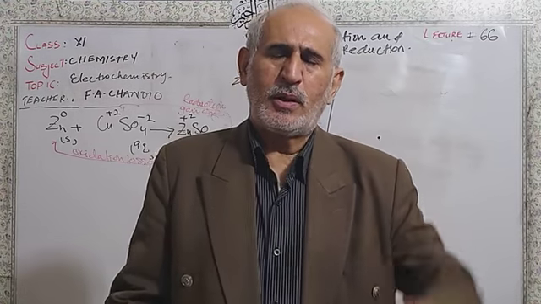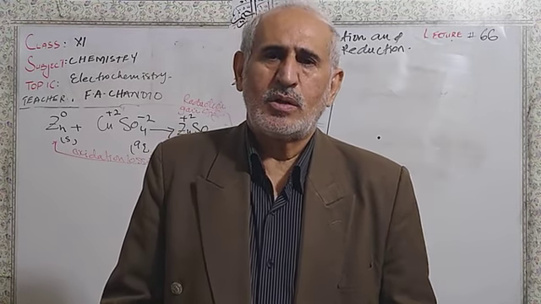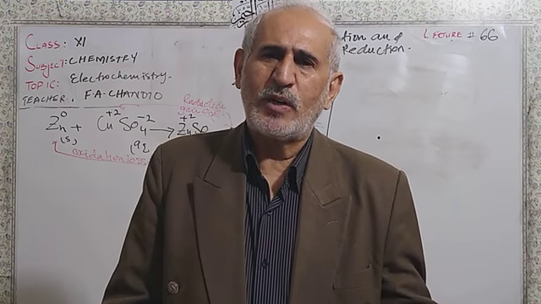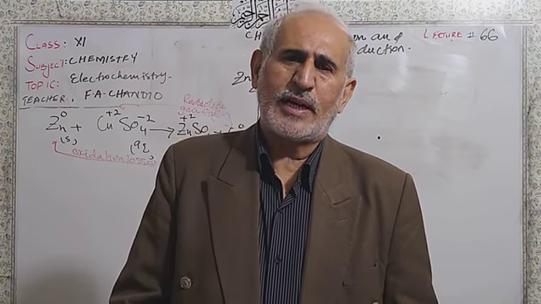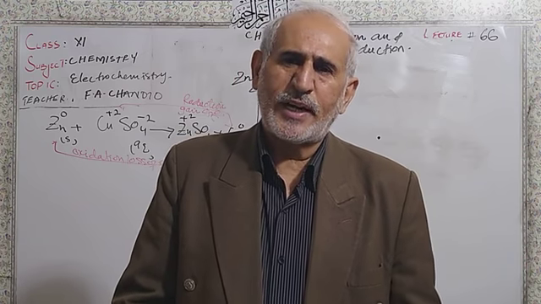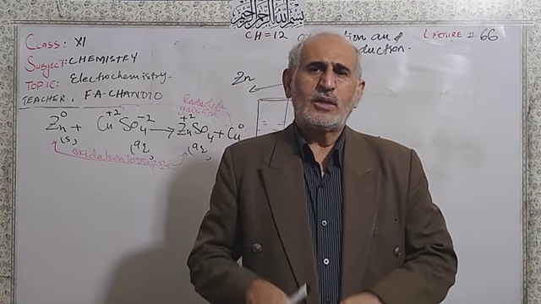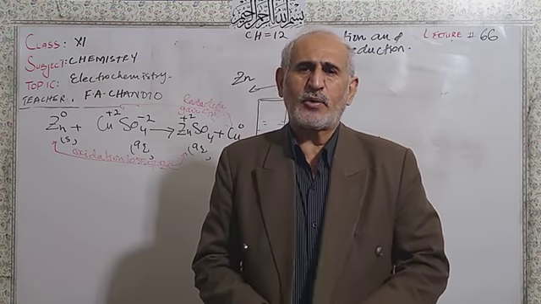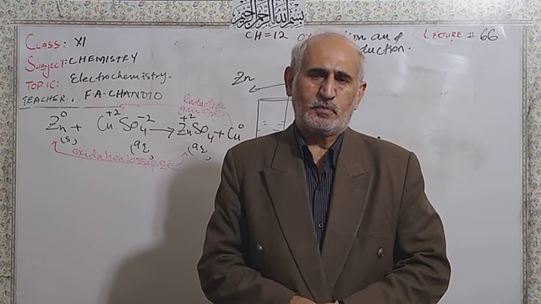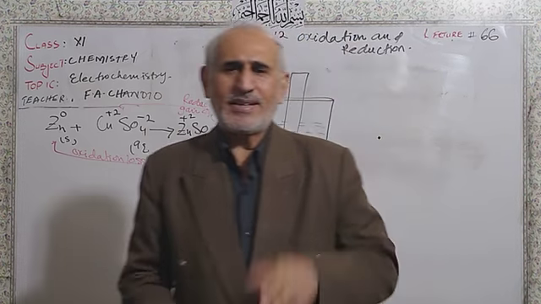On the top, you can see the most negative value. The more negative value shows a greater ability to oxidize. If you go down, this negative value decreases, and in the middle you will find 0 for hydrogen, which is the standard.